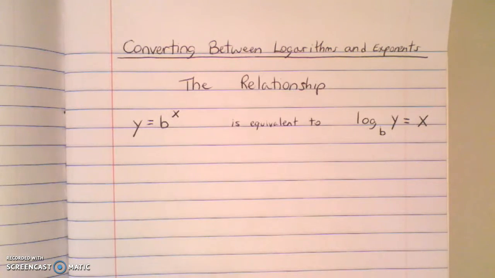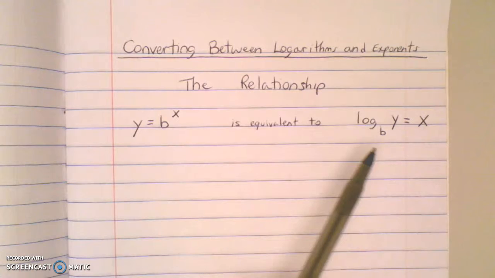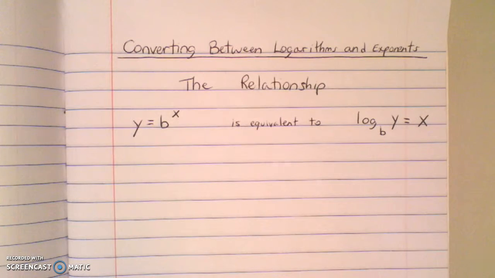So I can rewrite this exponential form using logs, and the reason we do that is that it's easy to simplify equations or expressions when you're able to rewrite them in logarithm form or in exponential form.